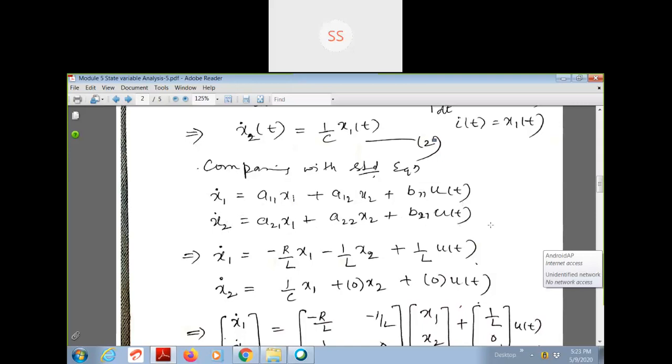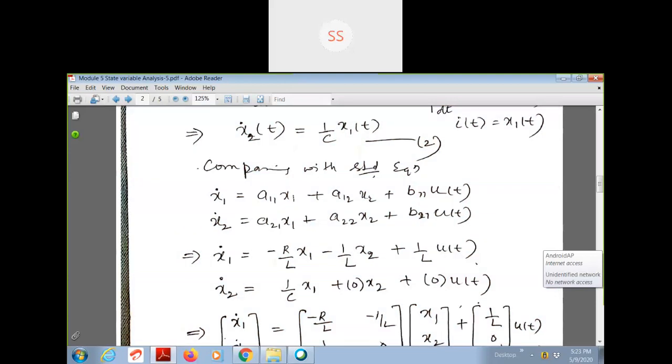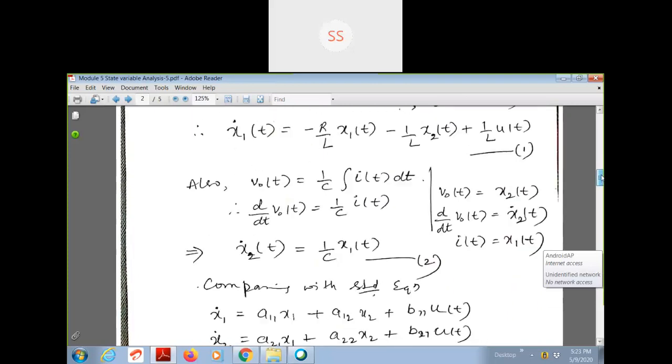Now we will write equations 1 and 2, whatever we have derived just now, in this standard form, so that we are able to write the coefficient matrices. Take a look at the x1 dot equation, what all it has. This equation has x1 of t, the first state variable, and its coefficient is minus r by l.